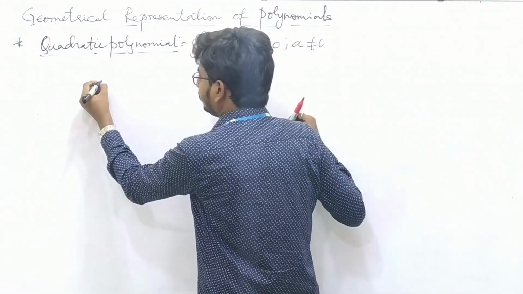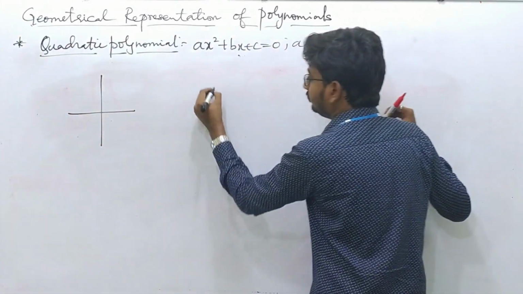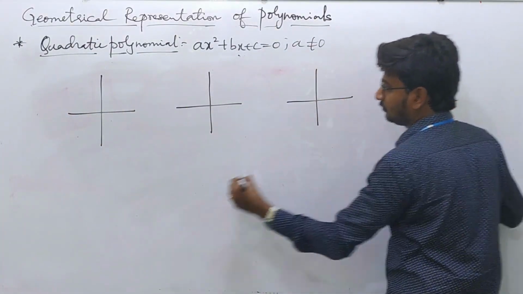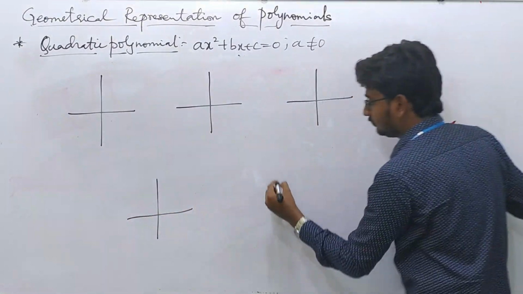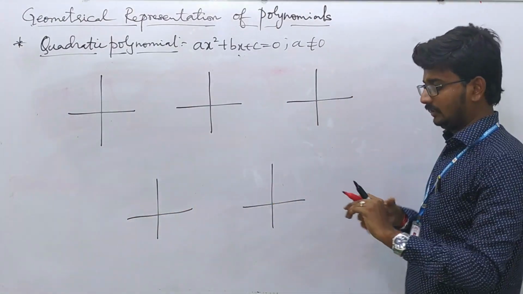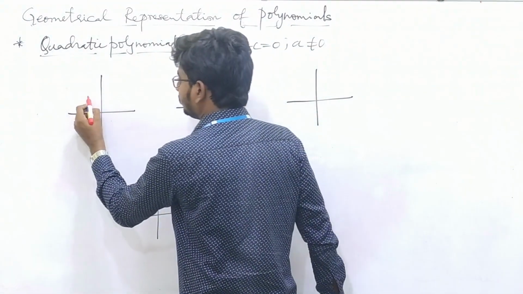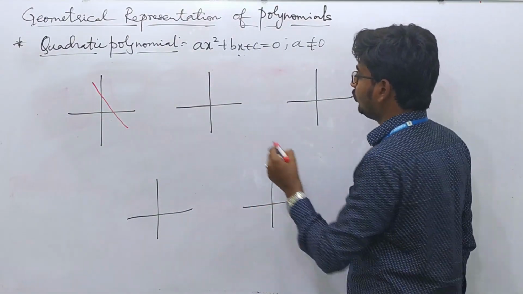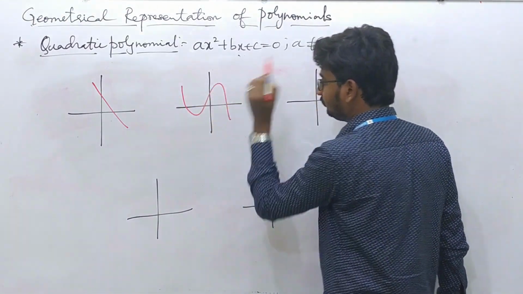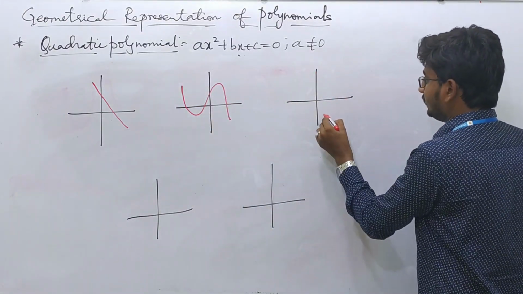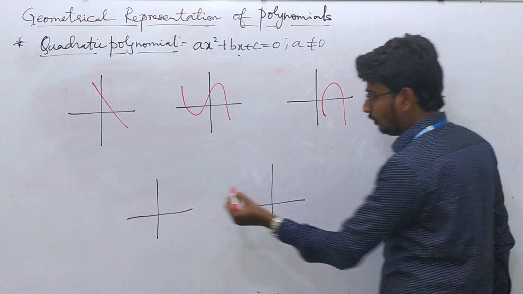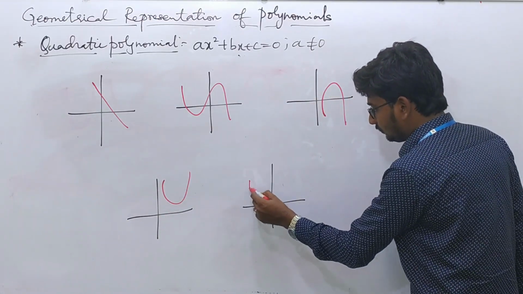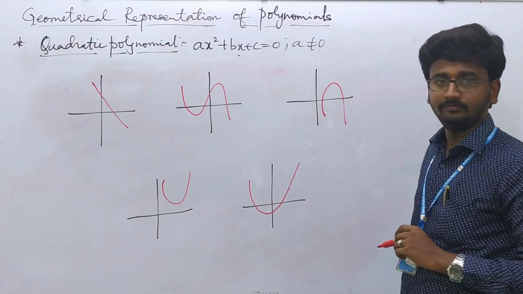Let me draw some graphs. Think that there is one graph of this fashion, linear, one more in this fashion, one in this way, one more graph facing upward, and one more in this way.